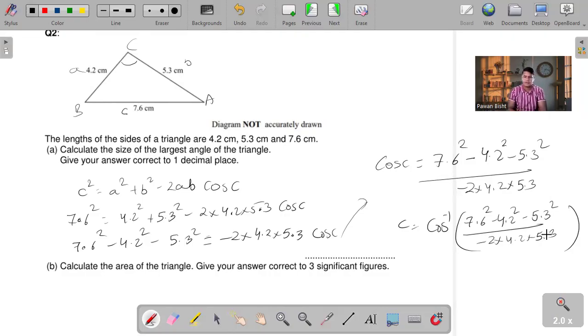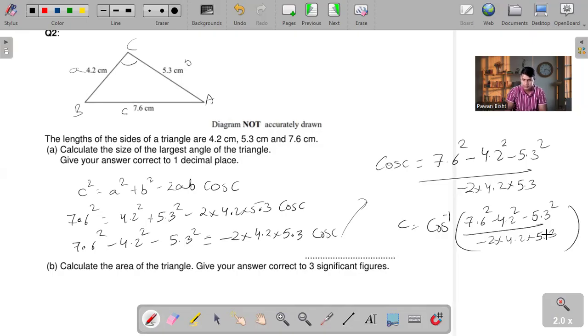Put it in your calculator to find C. Now to find the angle, we take cos inverse, right? So to take cos inverse in your calculator, you press shift and cos.